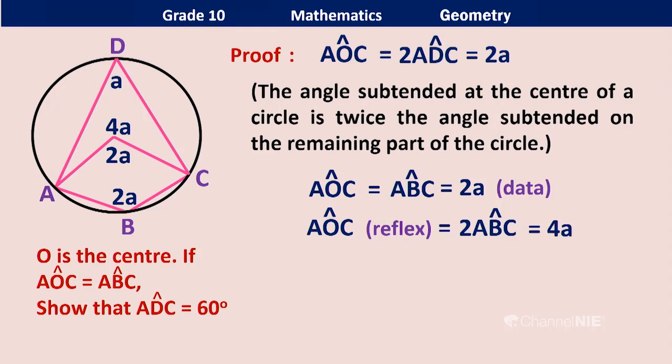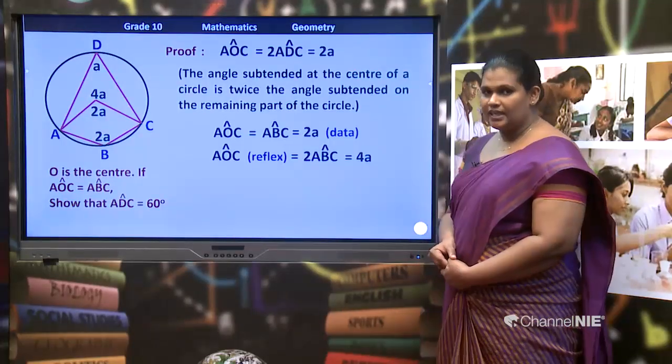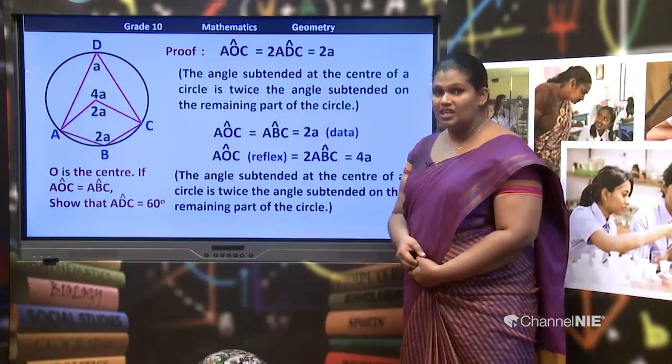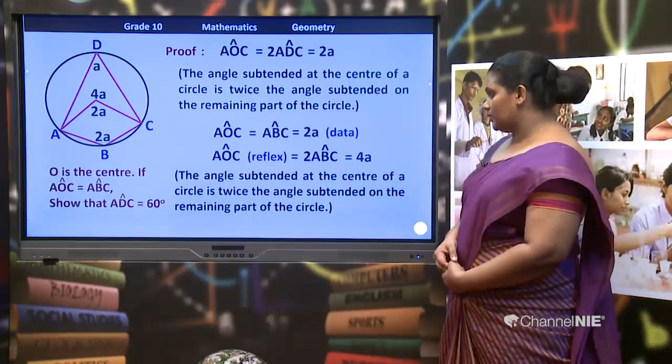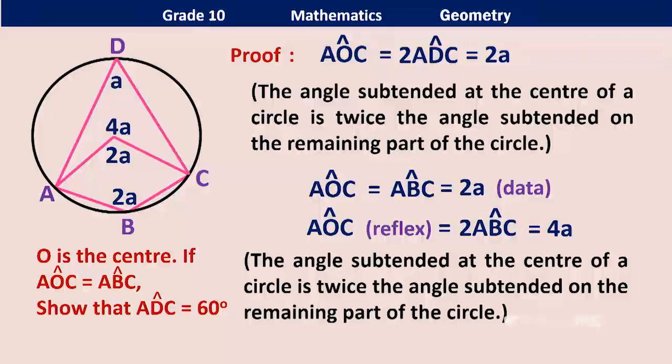So, reflex angle AOC is equal to 4A. Now, that is the next relationship we can get. There also we have to mention the reason, that is, the angle subtended at the center of the circle is twice the angle subtended on the remaining part of the circle.